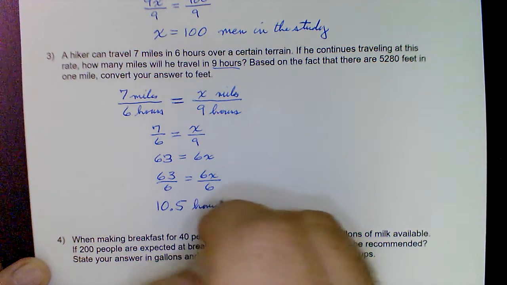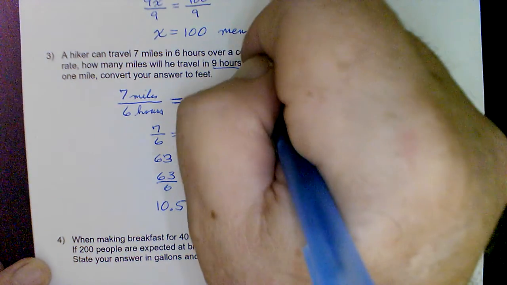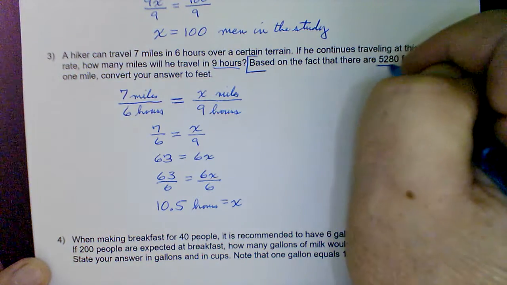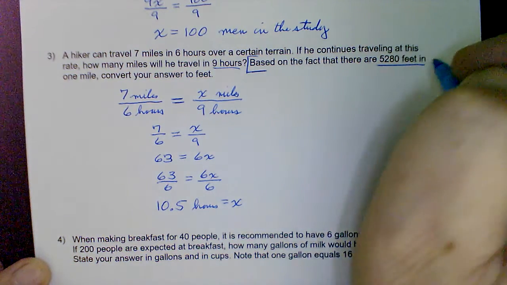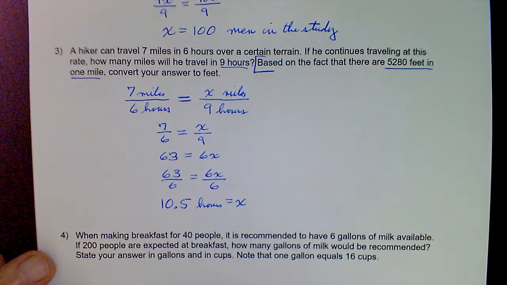That represents the hours, and that equals X. But then, pay attention to part B here. Based on the fact that there's 5,280 feet in 1 mile, it wants us to convert this to feet.